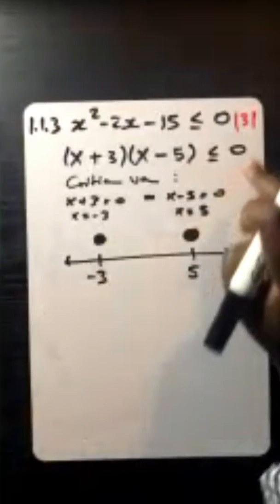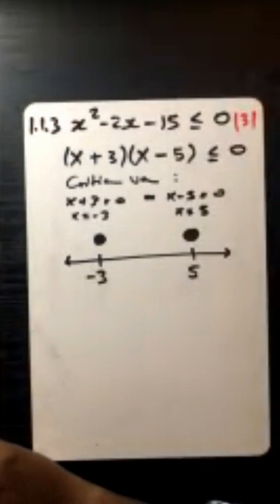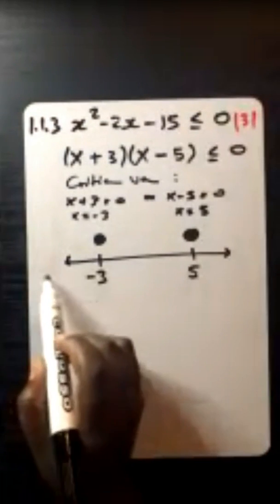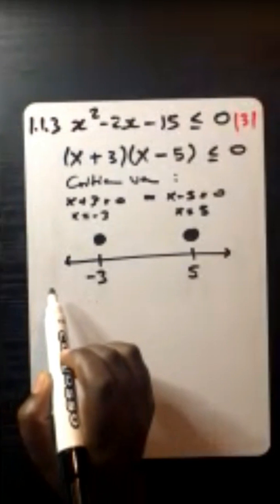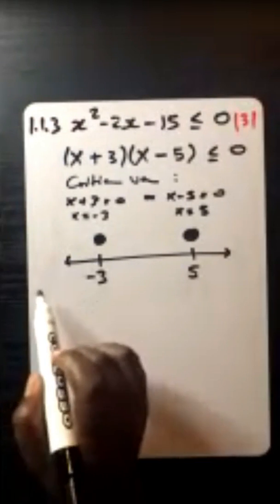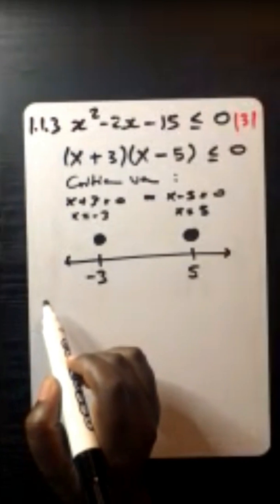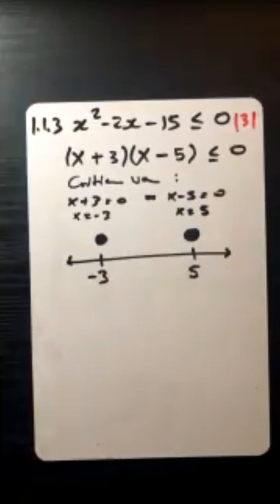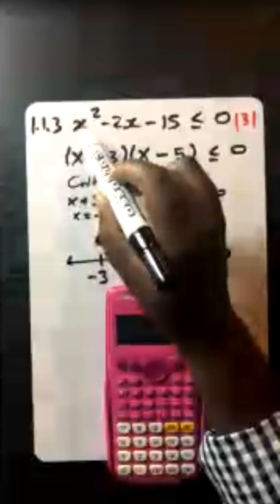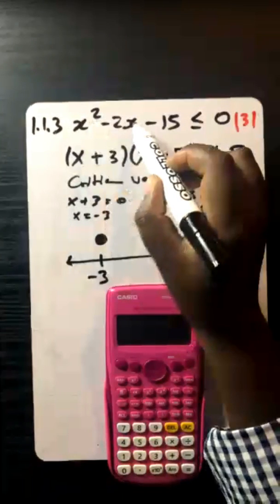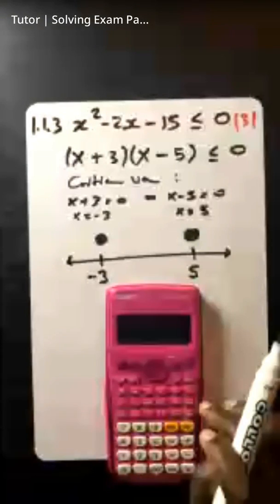Only after it's in the standard form, then you concentrate on that part. So I can use any number, negative 1,000, negative 10, negative 15, negative whatever. So let's maybe use negative 10. You are going to substitute negative 10 there and there and check if you find a positive or a negative number. That's all that we need to do.